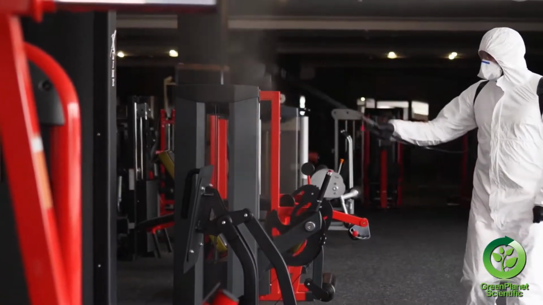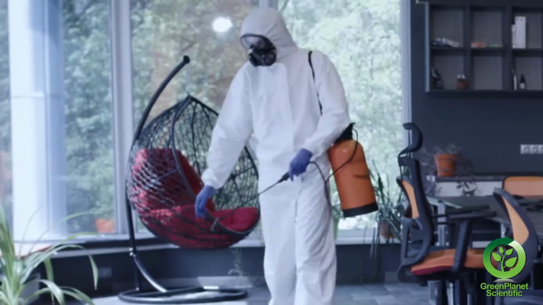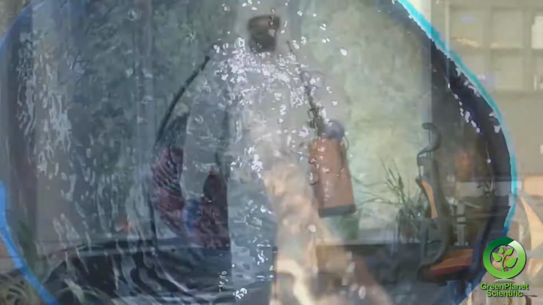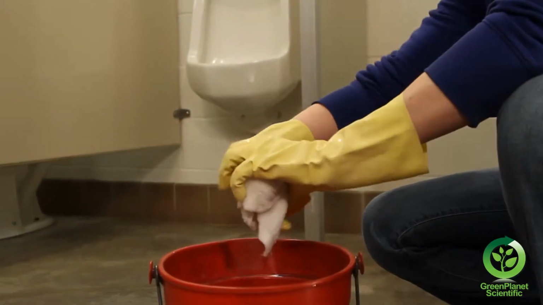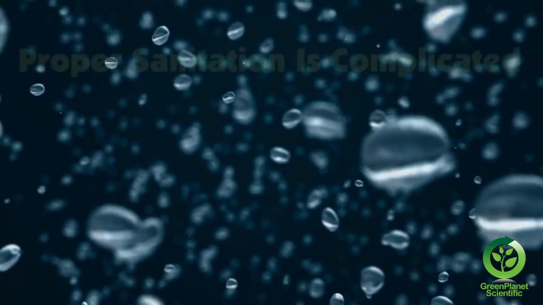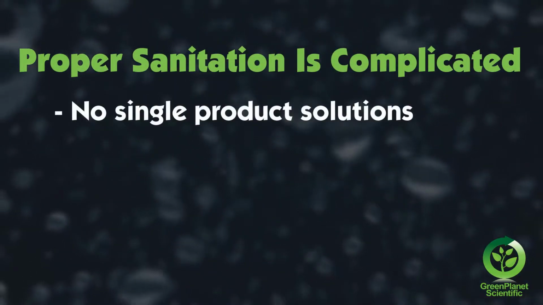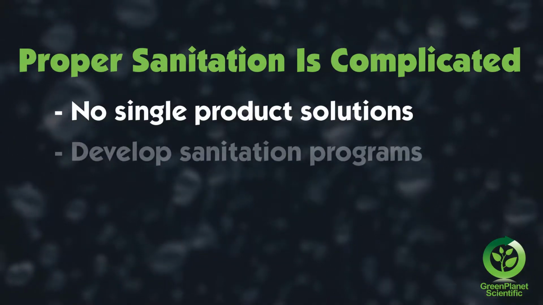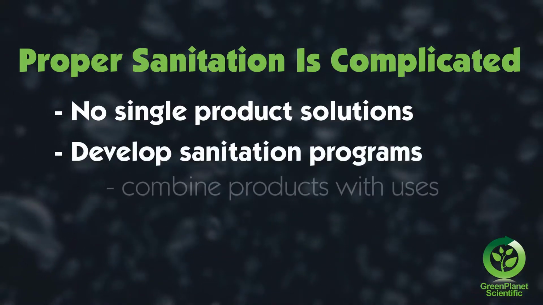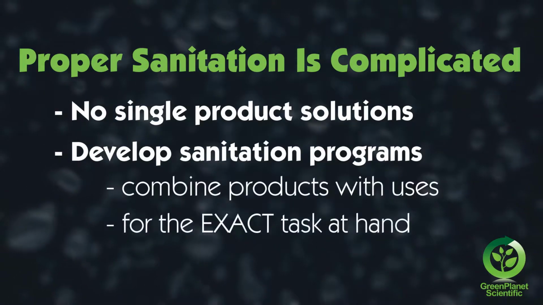Managers, for example, may be easily coerced into believing they are disinfecting and saving money along the way, when in fact, they have diluted a product only to a cleaning or sanitizing level, thus creating a recipe for disaster when a disinfectant is what's really required. Our conclusion: proper sanitation is actually complicated, and there are no single product solutions that will do everything. Instead, you must develop sanitation programs that combine appropriate products with appropriate usage applications for the exact task at hand.